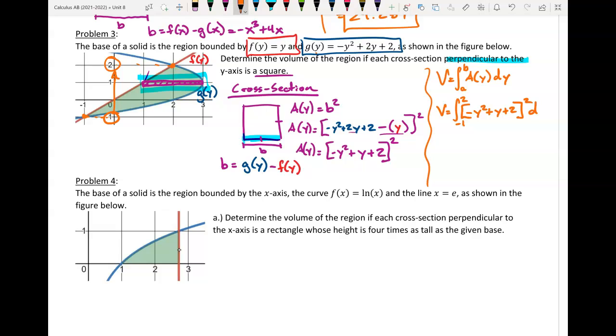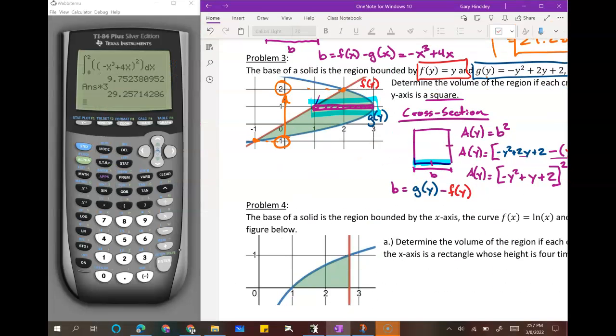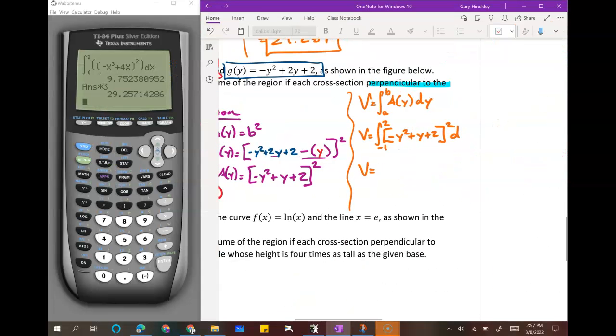All right, so let's go ahead and use our calculator and integrate and figure out what our volume is. We are going from -1 to 2, and that's going to be negative, and we can just do x's like we've seen previously. So x squared plus x plus 2, all of that is going to have to be squared.